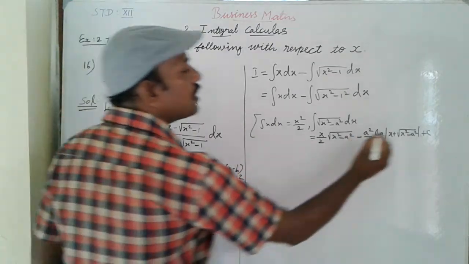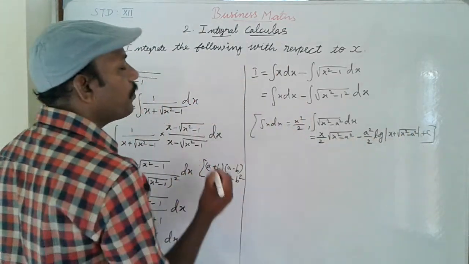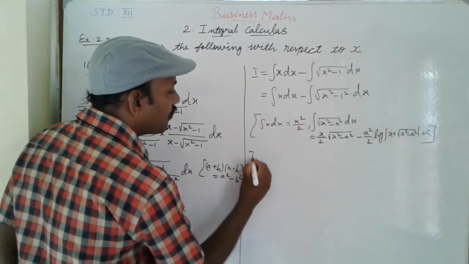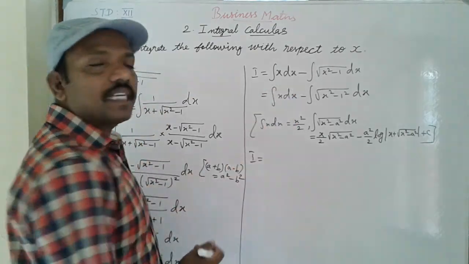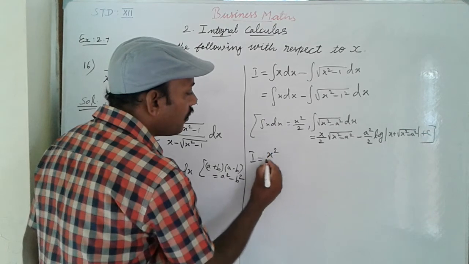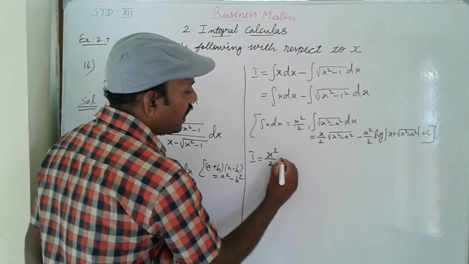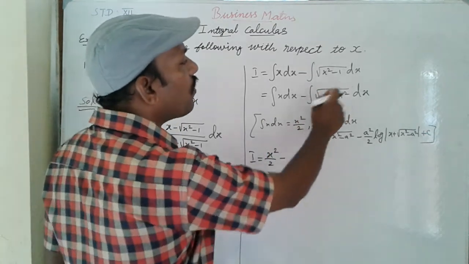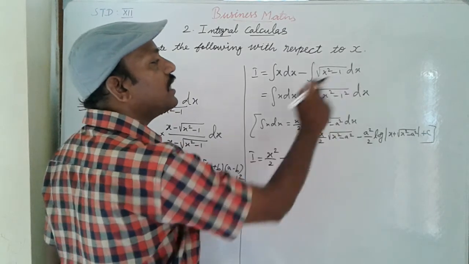So we should substitute this formula here. I equal to integral x into dx, which is x square divided by 2, minus integral root of x square minus 1 square into dx.